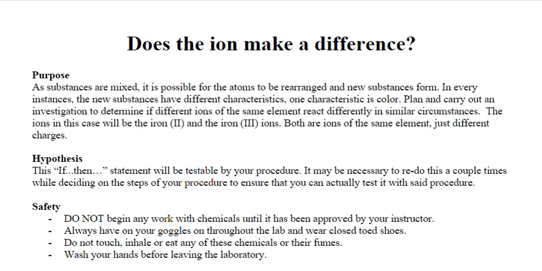The reason you may have to do that is because you don't want to collect data that doesn't even test your hypothesis, or make a procedure that doesn't test your hypothesis. Nothing's worse than doing a whole lab and then saying, wow, this data has nothing to do with rejecting or not rejecting my hypothesis. So this may take a while.